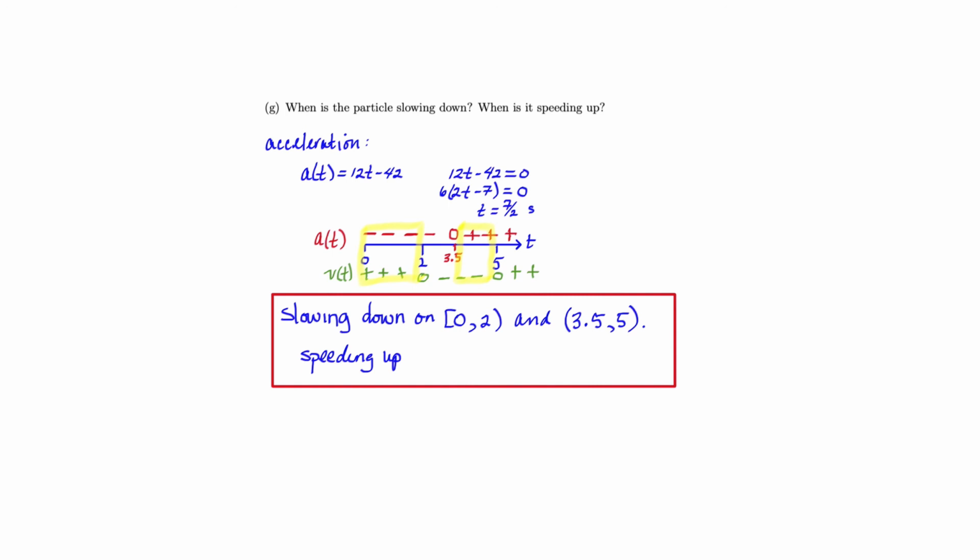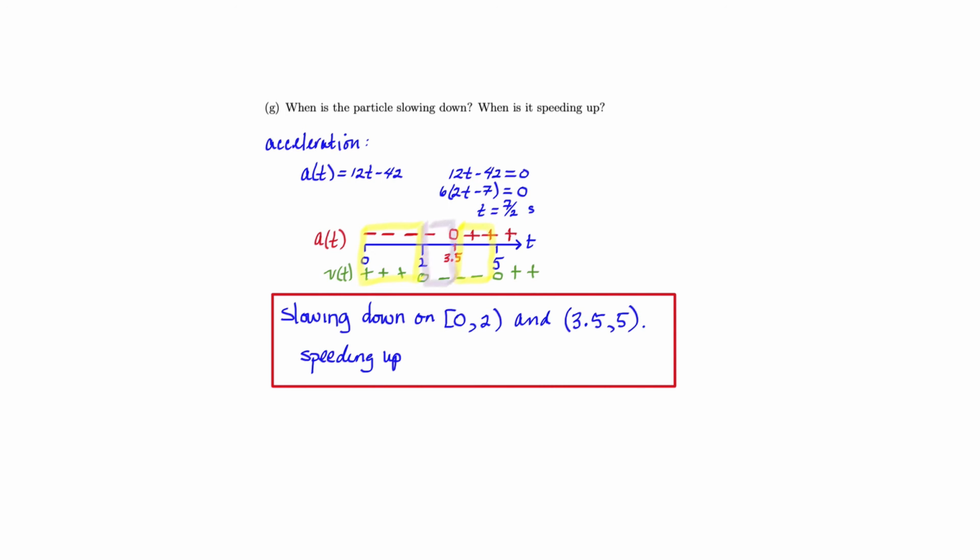So if an object is falling to the ground, its height from the surface of the earth is decreasing, so its velocity is negative because it's approaching the earth, but the acceleration is also negative because gravity is pulling it to the earth. So as it's falling to the earth, it's actually speeding up because the acceleration is negative and the velocity is negative. So when the acceleration and the velocity have the same sign, it's speeding up.